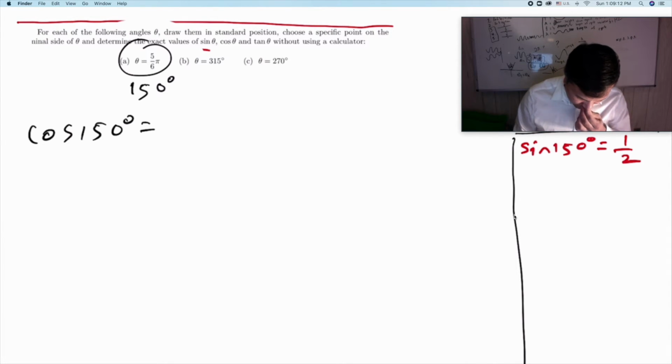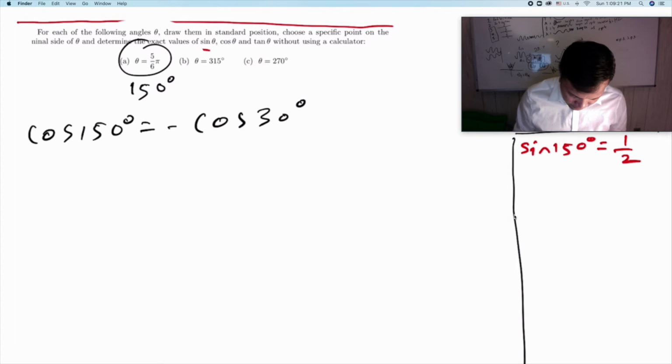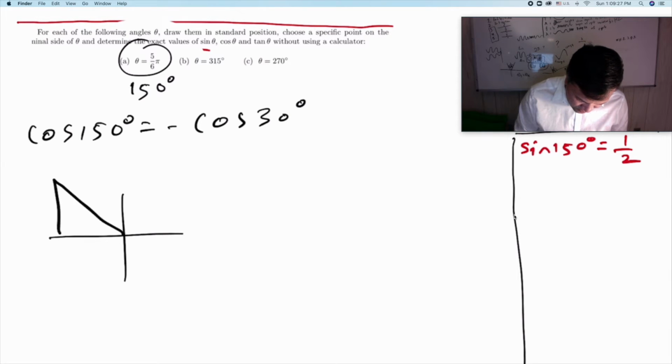So cosine 150 degrees is negative cosine 30 degrees. Let's take it to the second quadrant. So this is 30. Then if this is 30, this is 1, and this is square root of 3, and this is 2. So what do we know about the cosine?